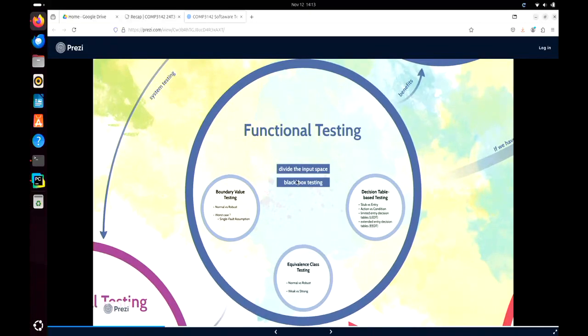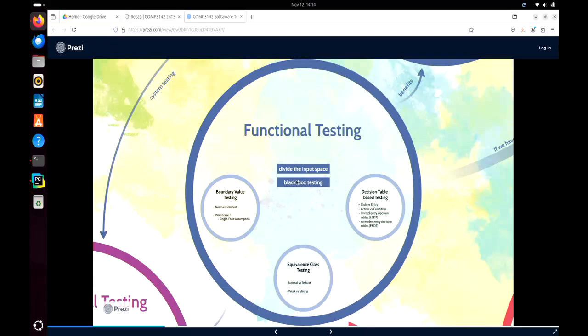And that's all about functional testing. And functional testing is also known as black box testing techniques, because we don't really need to have access to the source code of the program. So we can only deal with the testing inputs.